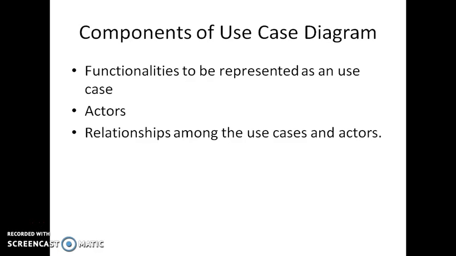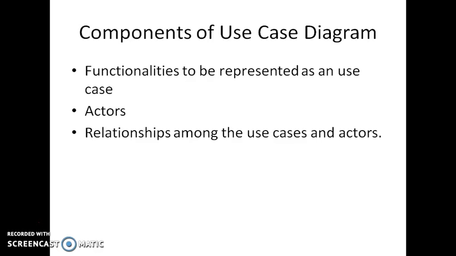There are different types of relationships between actors and use cases: association between actor and use cases, generalization of actor and use case, extend relationship between two use cases, include relationship between two use cases, and generalization of use cases.